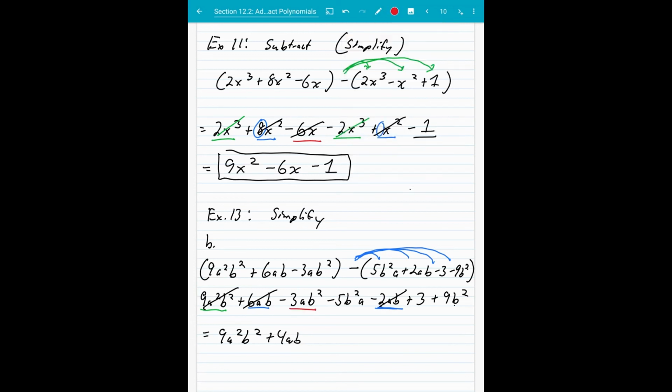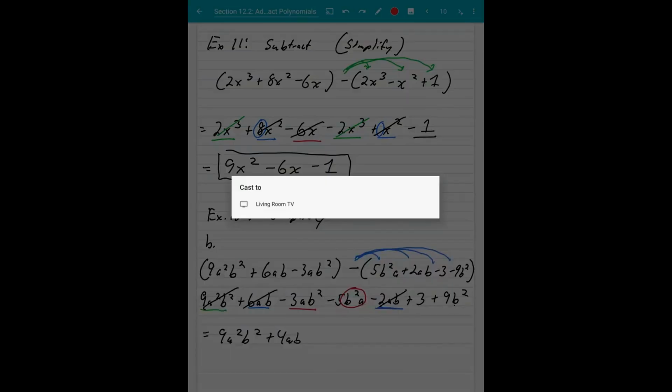ab squared. Now, it doesn't look like there's one in that order, but if you look here, if we swapped them, that would be 5ab squared. So we could actually put these two together. It's -3 minus 5, that makes -8. I'm going to clean this up so we can see.